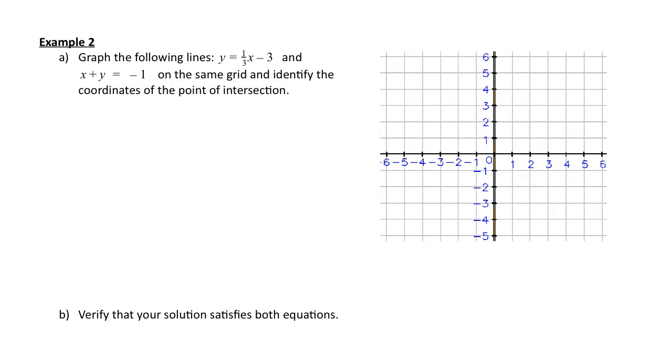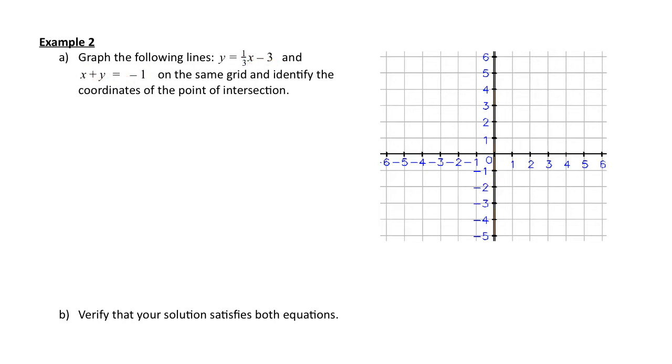Before we go ahead and plot our equations, the first thing we want to make sure of is that both of our equations are in y equals mx plus b format. When I take a look at my equations, the first one is very clearly in the correct format, y equals mx plus b, but my second equation is not.